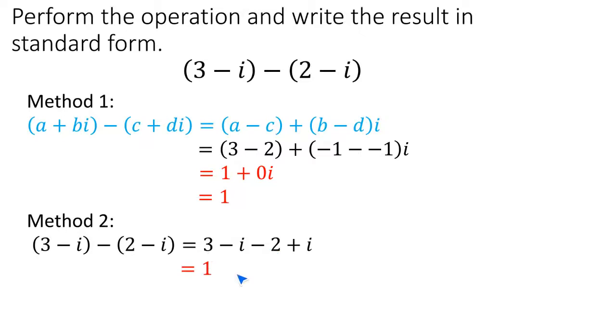So 3 minus 2 is 1, and negative i plus i is 0. In standard form, though, I don't remember if maybe Mr. Carizales remembers, they might still want you to write it as 1 plus 0i to include that imaginary part, or if 1 is okay by itself.